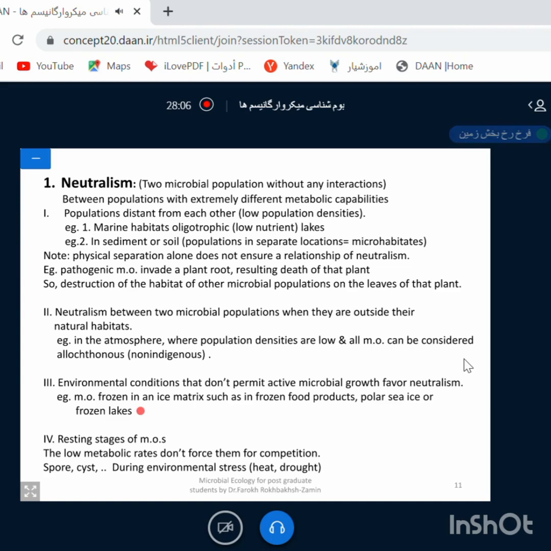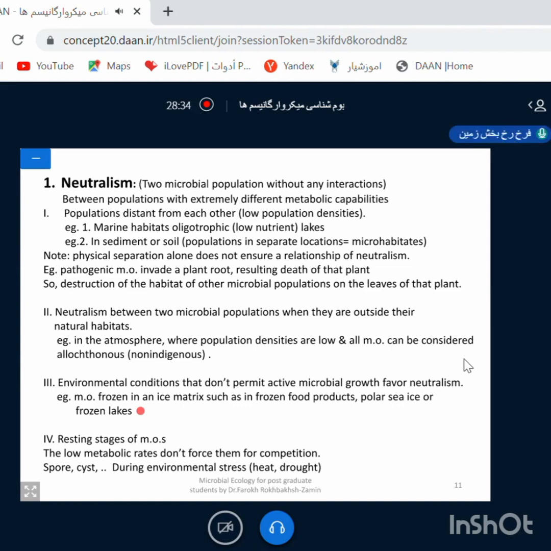So the metabolism is very close to 0. When there is no metabolism, there is no interaction. So for a long time, you can have your food in the freezer without any growth of microbes.